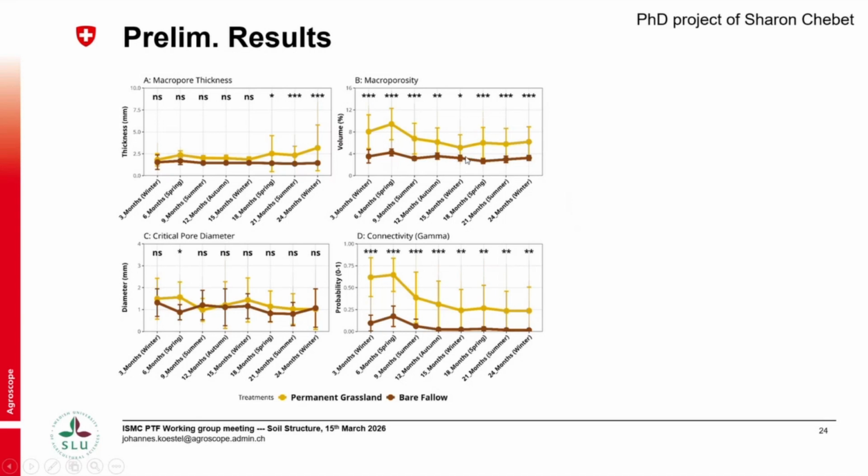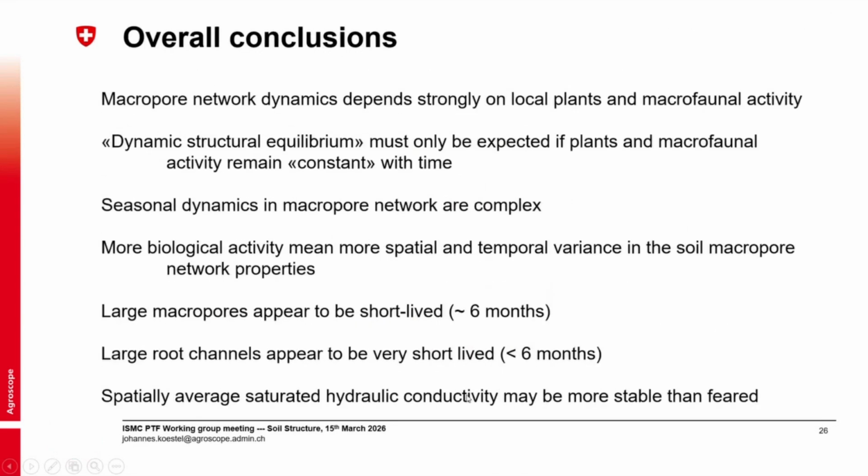So this is rather speculation, but we are hoping we can continue with this experiment for a while, and then we will know more about that. So to the overall conclusions, and now the last slide.